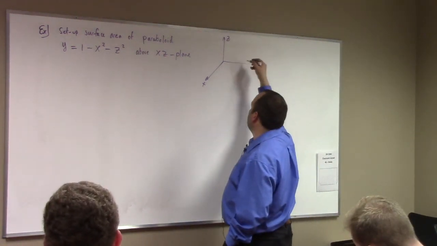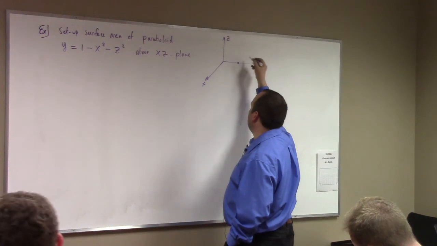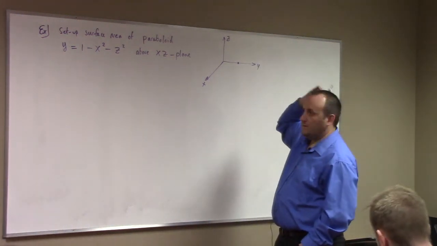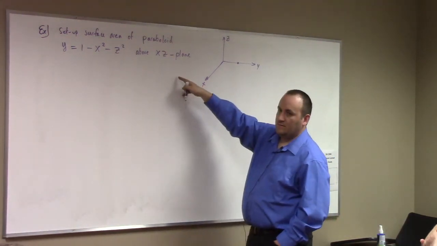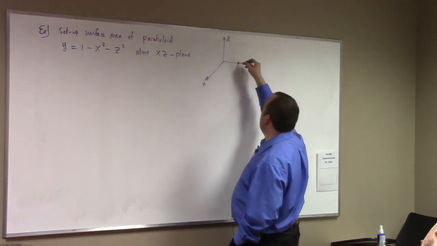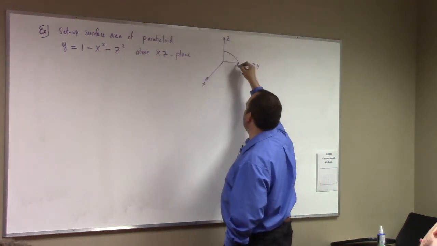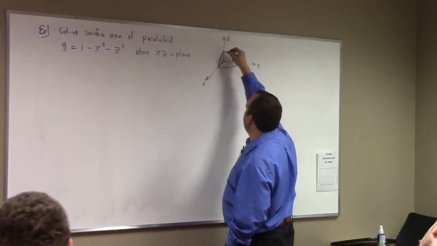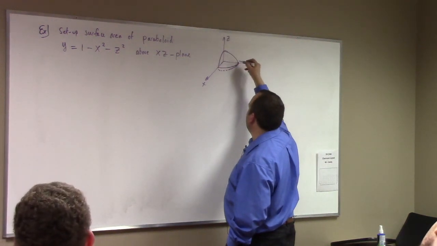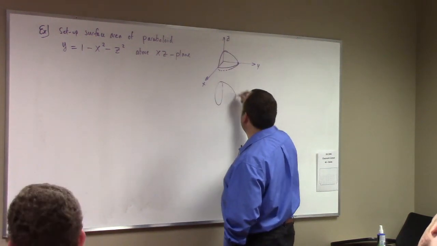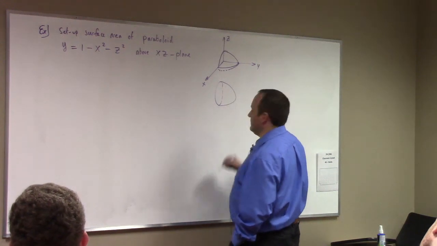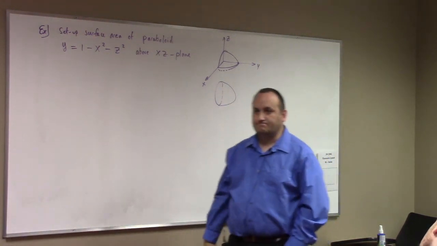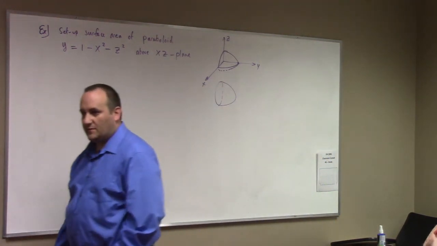So that is like here, let's say, right? And I said it's above the xz plane. So you get a parabola like this, you get a parabola like that. So it's basically one of these deals, like that. That's what we're looking at. I want to calculate the surface area of that.